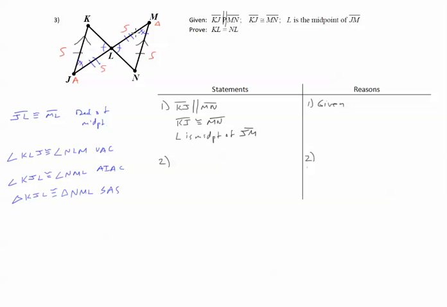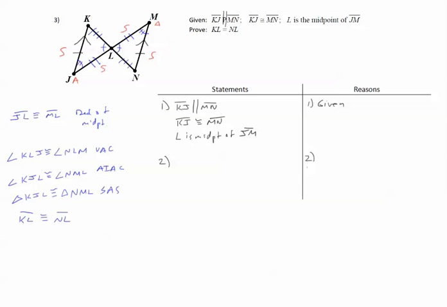Certainly it does. It opens up the door. I can now use CPCTC to state that side KL is congruent to side NL. So now I can say that this segment KL is congruent to segment NL.